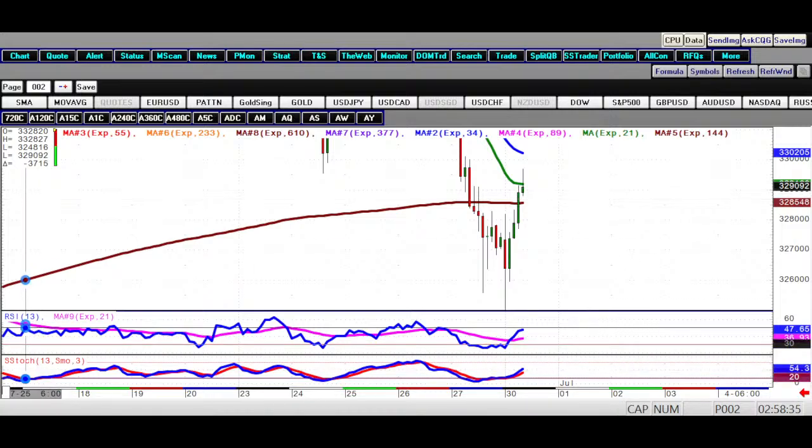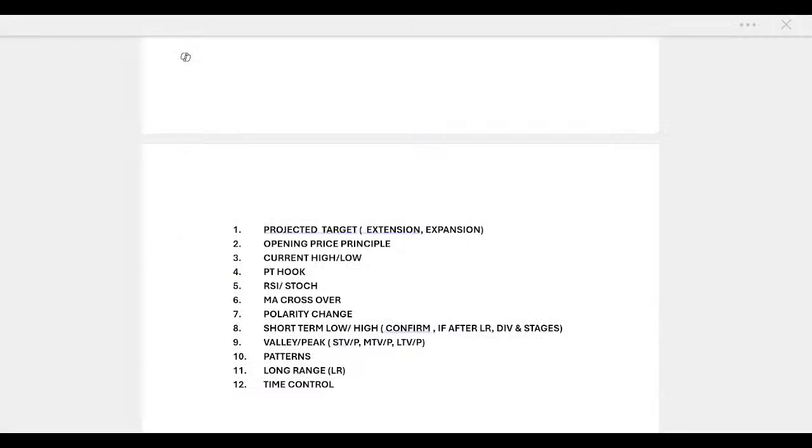Then the next one, remember I told you, the next one we need to see is the PT hook. The PT hook is usually something you can't define. This one has to come from us.